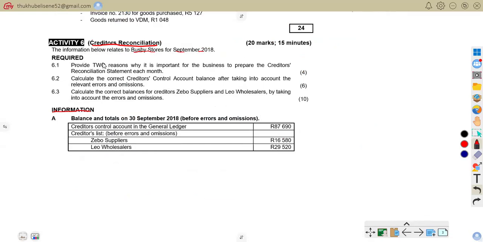Now required: 6.1, provide two reasons why it is important for the business to prepare the creditors reconciliation statement each month. 6.2, calculate the correct creditors control account balance after taking into account relevant errors and omissions. 6.3, calculate the correct balances for Sebo Suppliers and Leo Wholesalers by taking into account the errors as well as omissions.